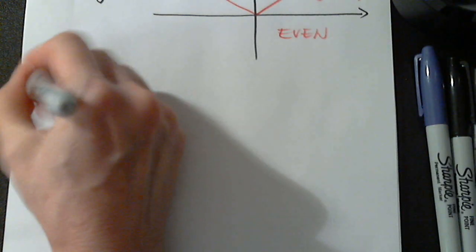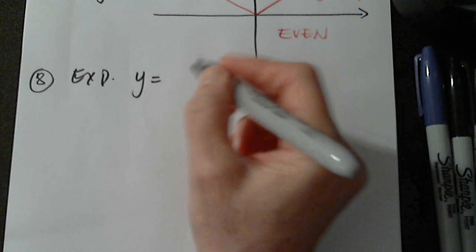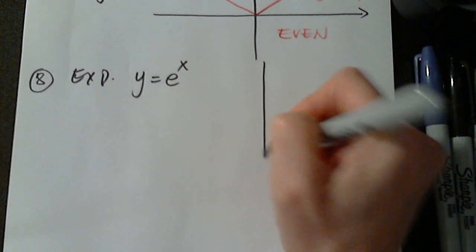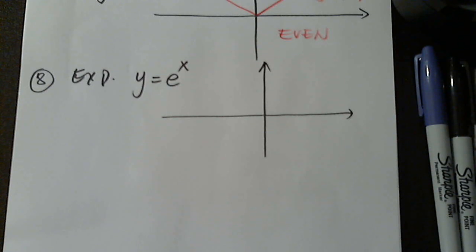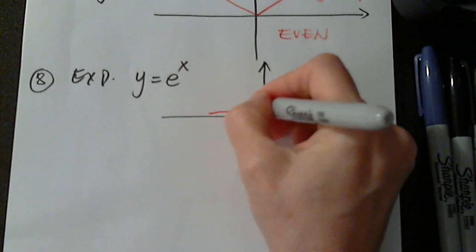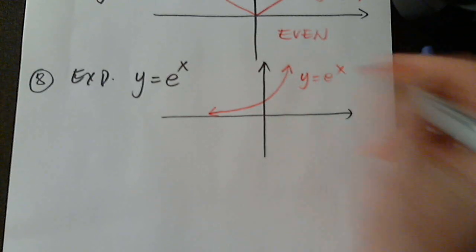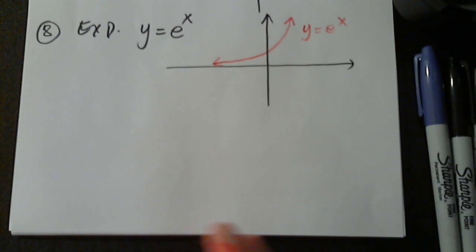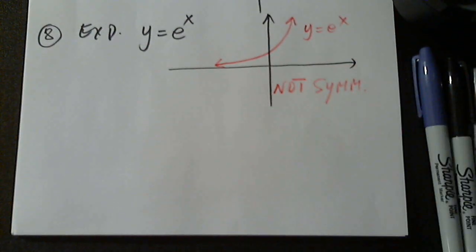Okay, let's say 8, exponential. Odd, even, or none of the above? None of the above. Very good, of course. Not symmetric.